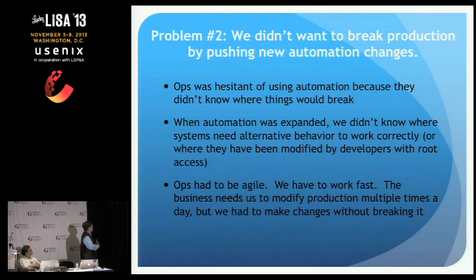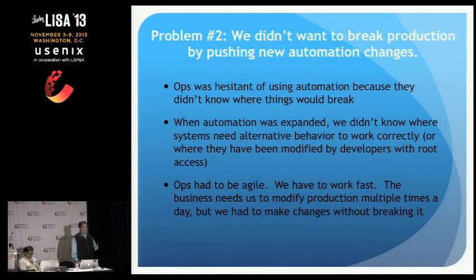The second problem is we didn't want to break production by using automation. And no matter what automation product you use, whether it's CFEngine, Puppet, Chef, Salt, etc., they all have the same common problem, which is that automation assumes that you know what you're going to do to your machines.